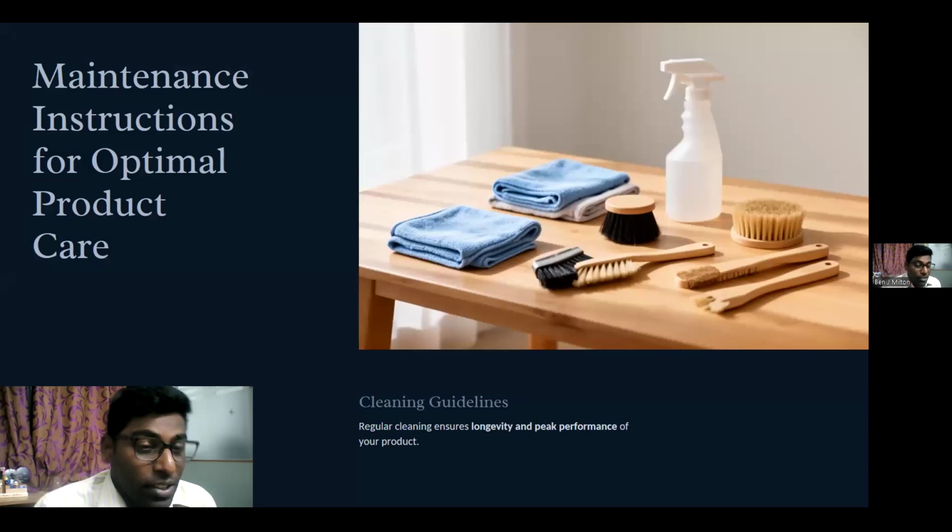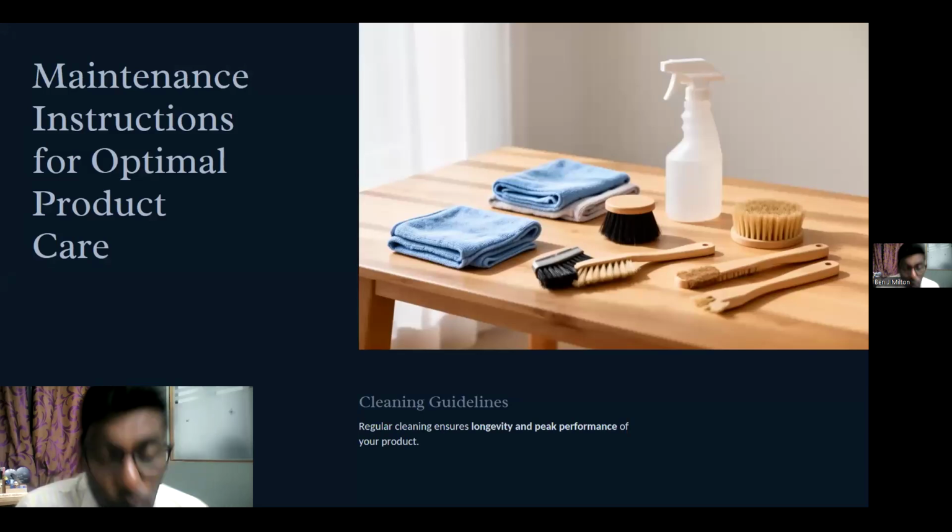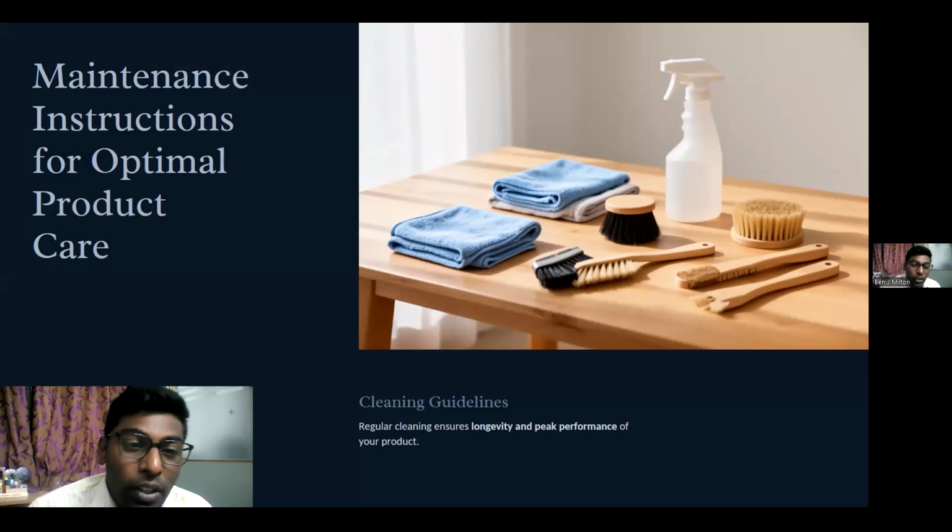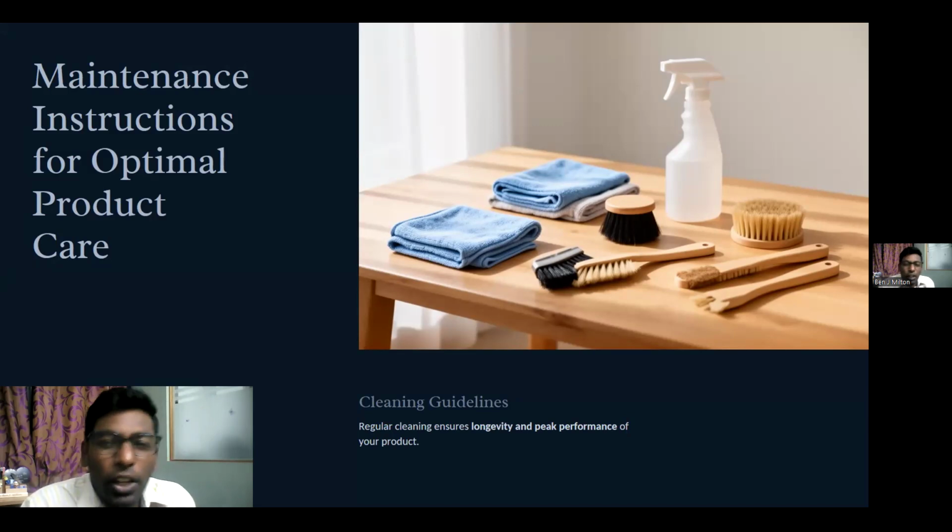Next comes the maintenance. As we all know, it's something we seldom do, or rather we ought to do. It's not like we regularly do it, but we need to look into it. It tells you how to look after your appliance to make sure it has the maximum life. What happens to people who ignore these instructions? It tends to mess up the entire experience.